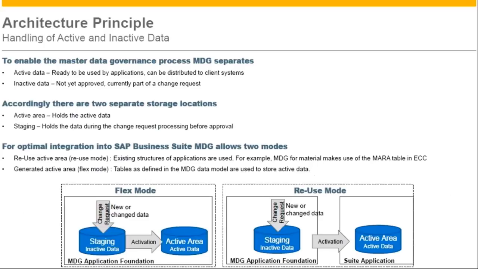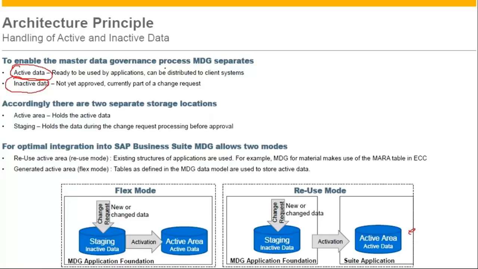Before we go to the data model, I just wanted to give you again an introduction or glance at the architecture principle of active and inactive data. To enable the master data governance process, MDG separates active data and inactive data. Active data is ready to be used by applications and can be distributed to clients.